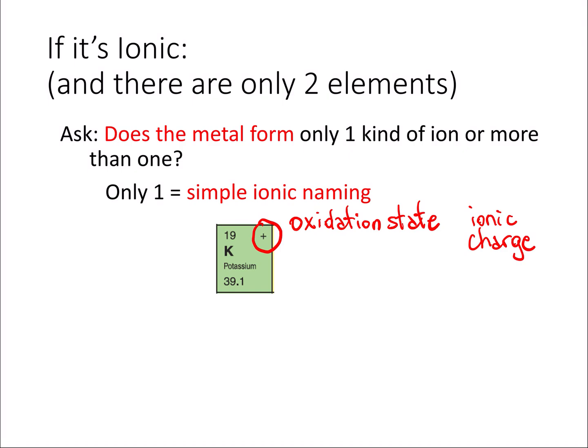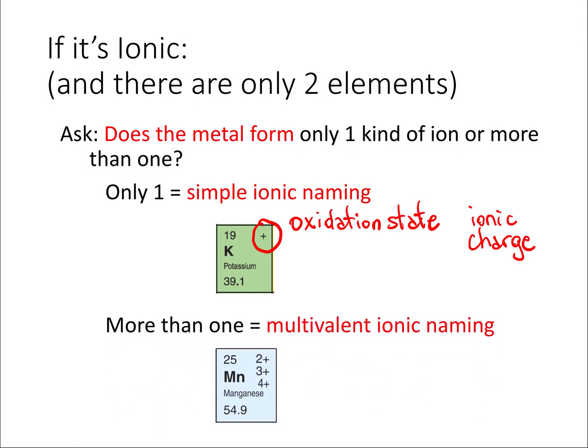Potassium, sodium, lithium, they're all +1. If you look in the middle of the periodic table, you'll notice that some things like iron and nickel and manganese can have multiple oxidation states.